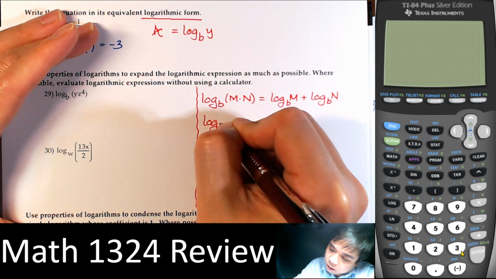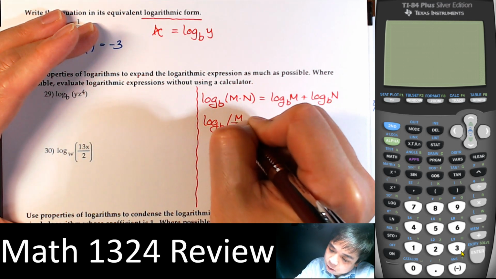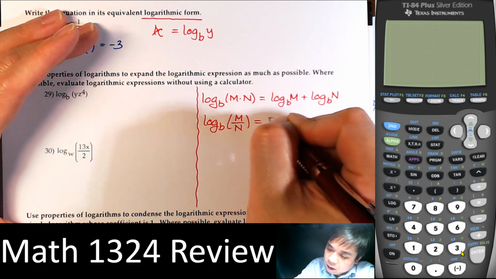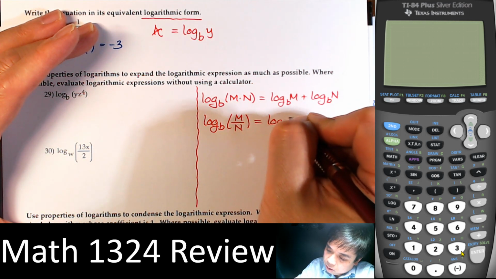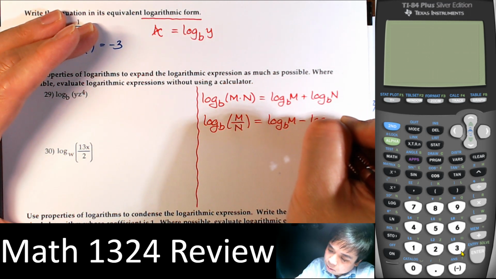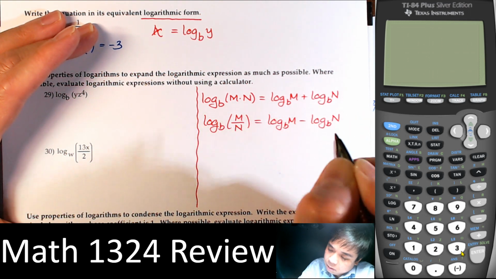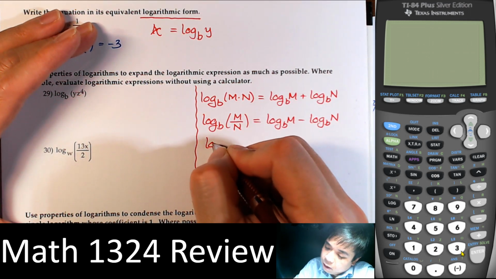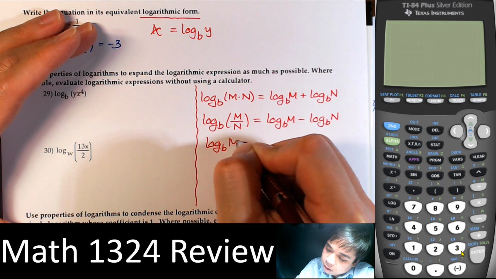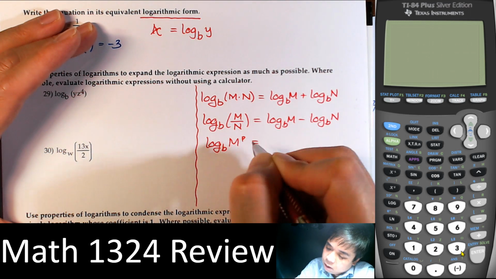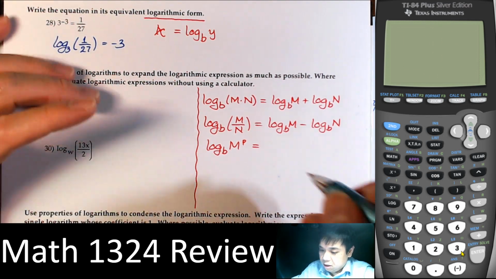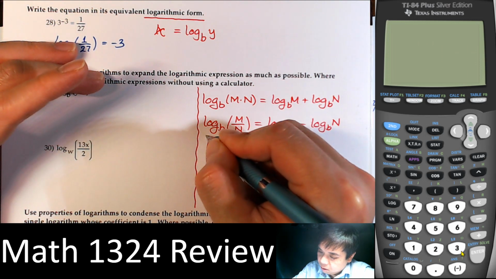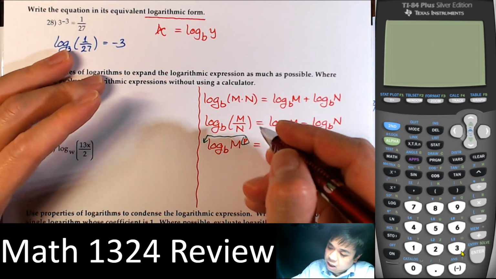The log of a quotient is the difference of the logs. And then the power can be brought out as the coefficient.